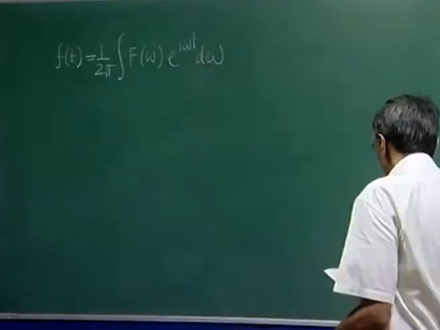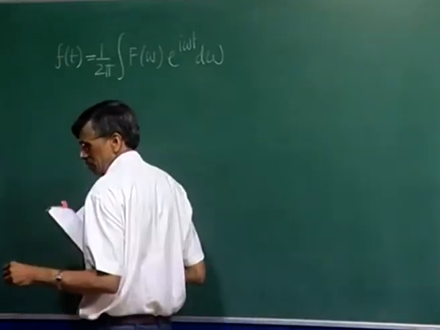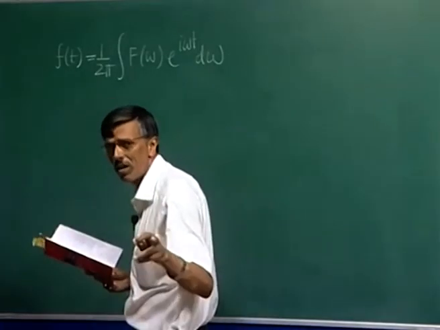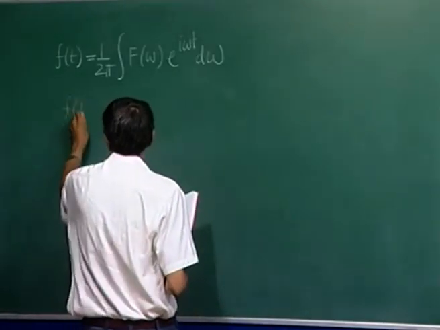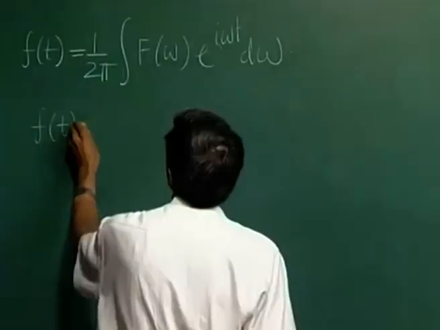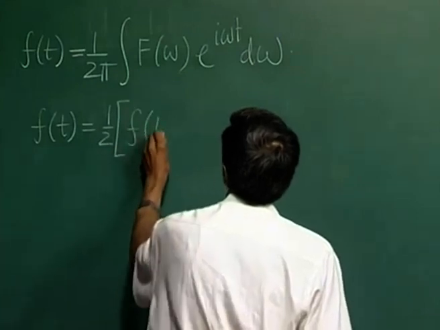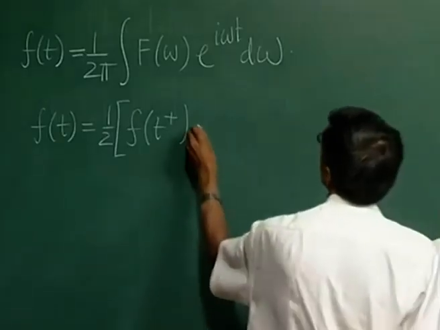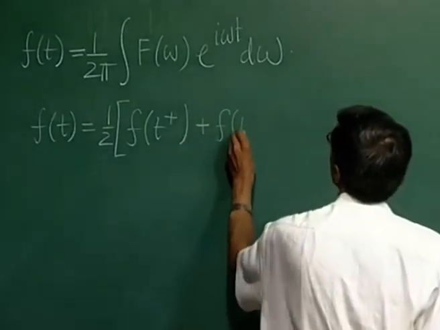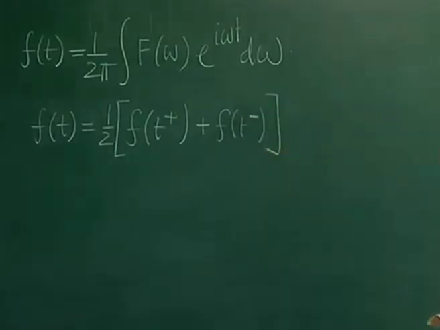Now, at any point of discontinuity, as we have seen, like a unit step function is a discontinuity, what we do at the point of discontinuity is write it as the average of the right hand limit and the left hand limit at the point of discontinuity. That is the usual way that we should be talking about.